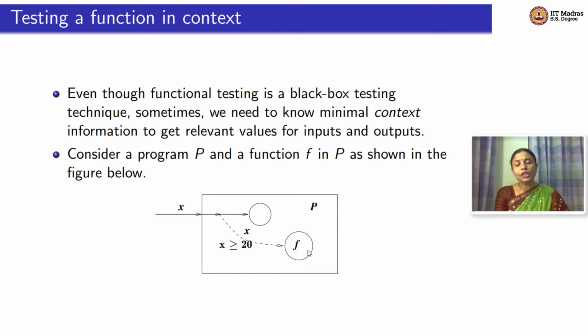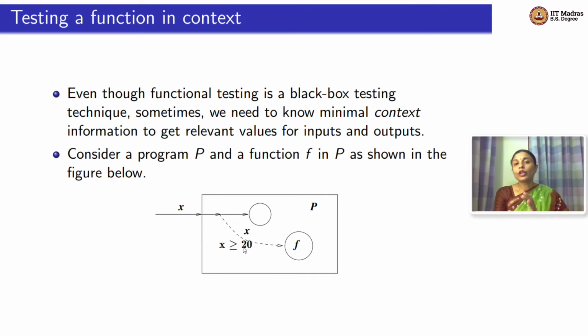But this function is reachable only if the input to the program P, let's say x, takes a value such that x is greater than or equal to 20. There is some decision happening in the code of the program P such that the function f is invoked only if that decision passes. That decision, let's say as an example, is x greater than or equal to 20.